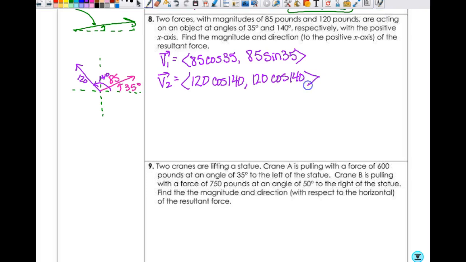Dang it, I'm just writing the same thing twice. At least y'all are paying attention. Sine 140. There we go. So then vector 1 plus vector 2.